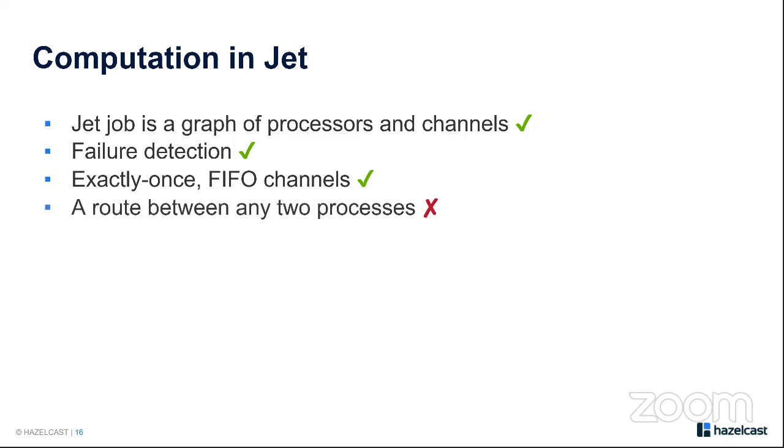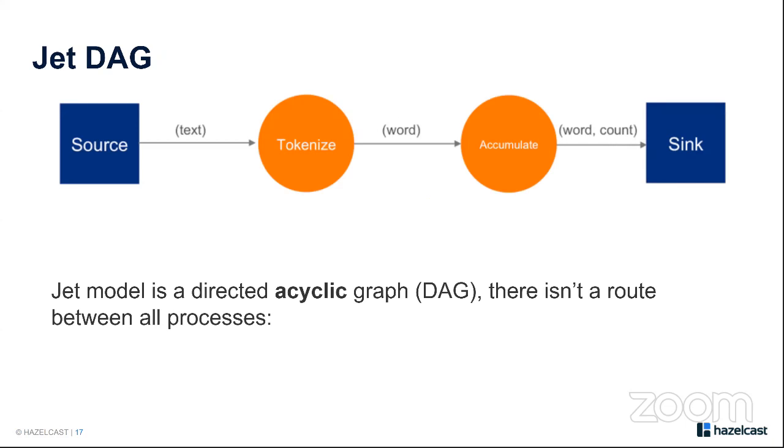But one more assumption of the algorithm isn't met: specifically, a route between any two processes doesn't exist in JET. A JET application is modeled as a directed acyclic graph, and specifically this word acyclic prevents any process from being reachable from any other process. But the solution to this problem is simple.